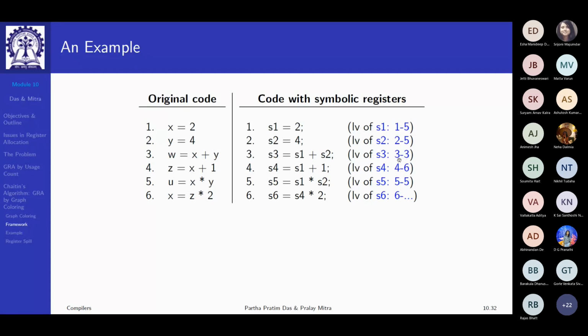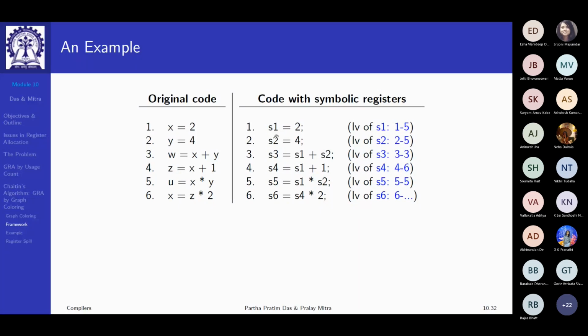So its liveness is 3 to 3. Z, similarly, is defined in 4, used in 6. So 4 to 6. U is defined here, not used later. 5 to 5. X is again defined here, a second range for X, and that starts at 6 and goes in future.